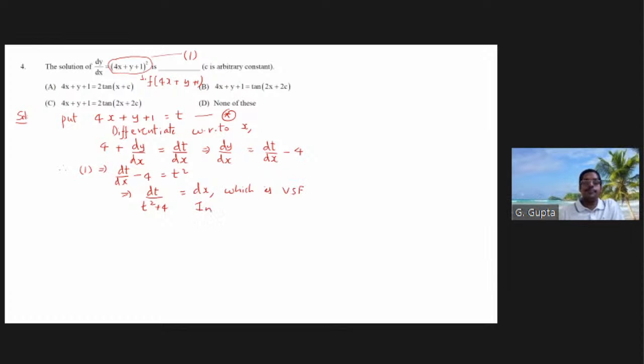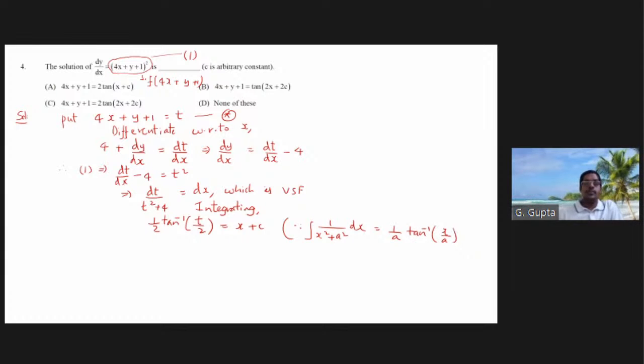Integrating, we get 1 by 2 tan inverse t by 2 is equal to x plus c, since integral 1 by (x square plus a square) dx is equal to 1 by a tan inverse x by a. Instead of x, we are having t variable.